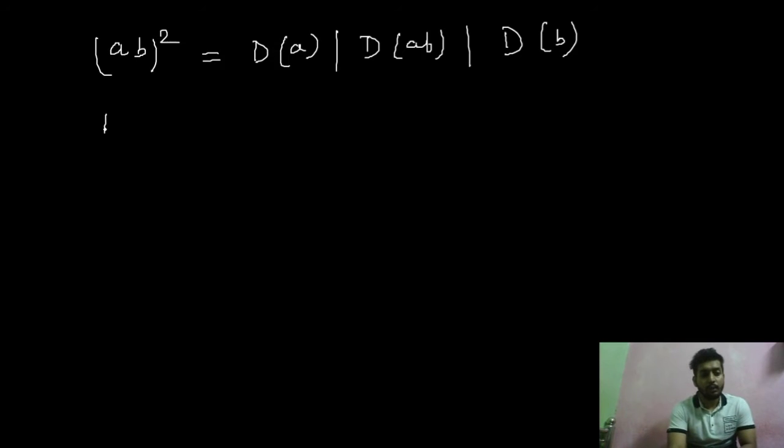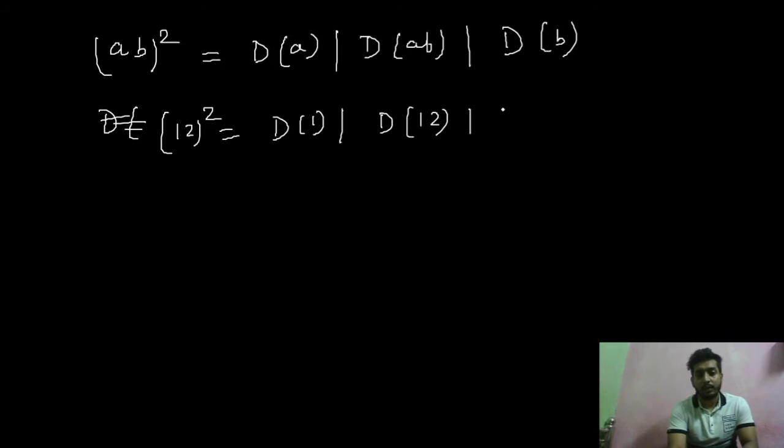For example, what will be the square of 12? It is a two digit number, so the duplex will be duplex of 1 slash duplex of 12 slash duplex of 2. What will be the duplex of 1? That is a one digit number, so the duplex of 1 will be 1 square.